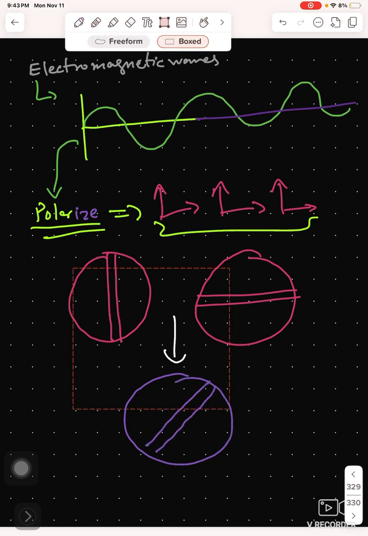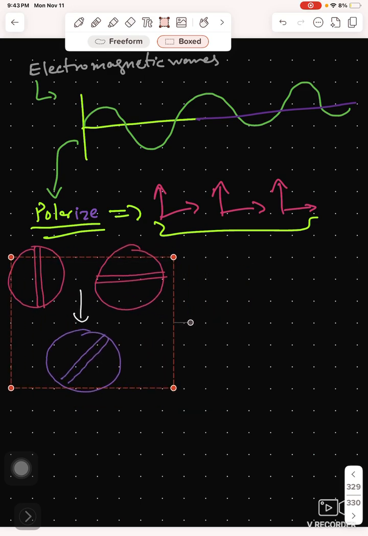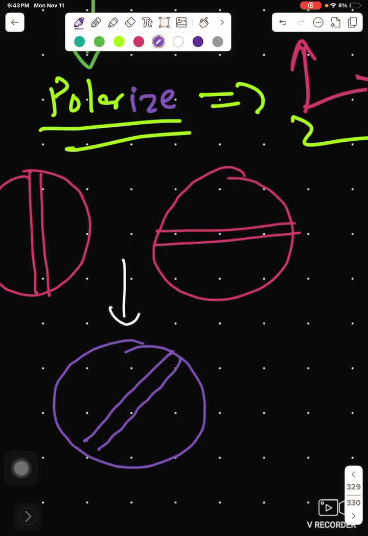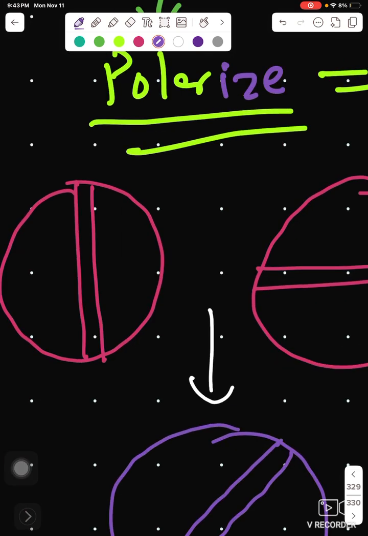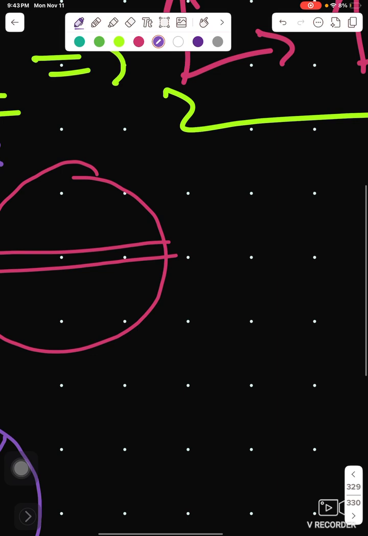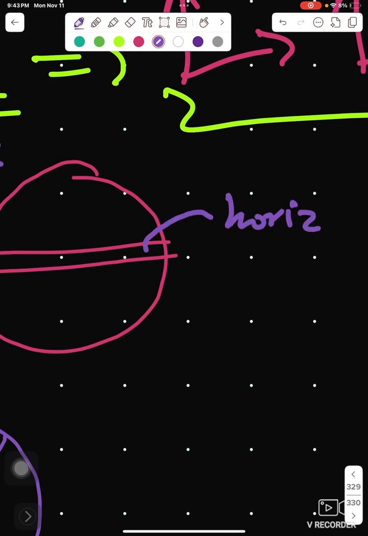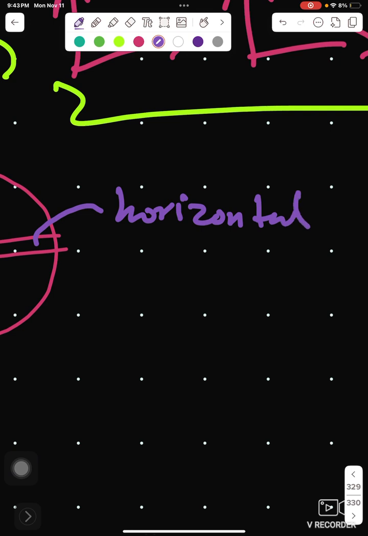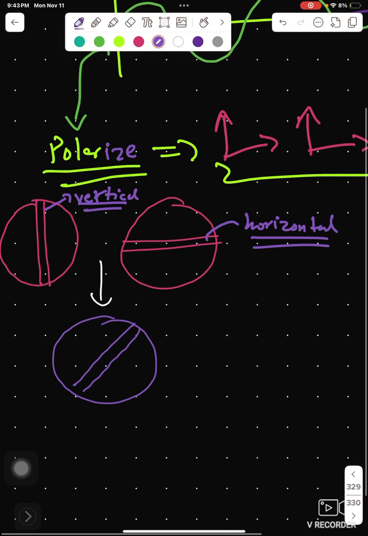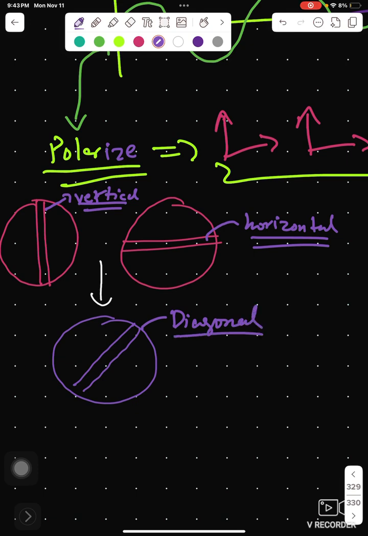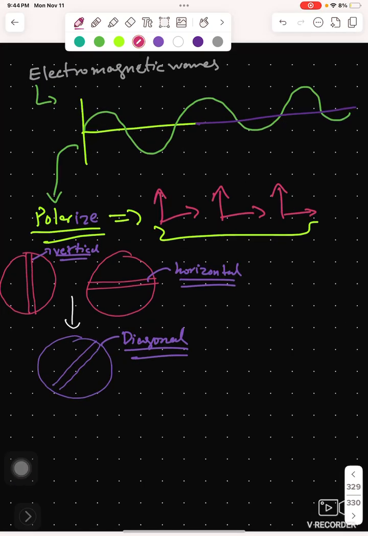Now this is a vertical, and this is a horizontal, and this is a diagonal. It's a 45-degree angle.